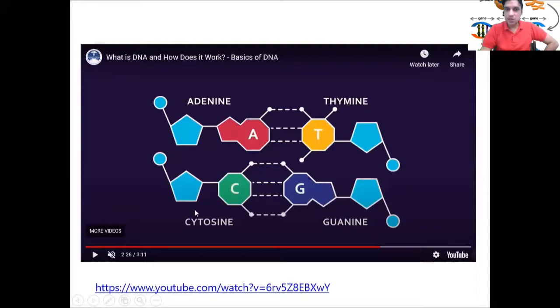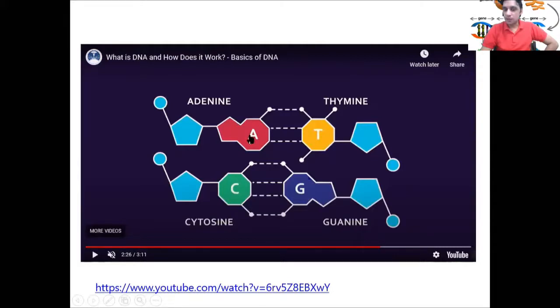You can see if the direction of this strand is this way, the direction of the other strand is the opposite way. So if you know the sequence of nucleotides on one strand, you can automatically get the sequence of the other strand of DNA.